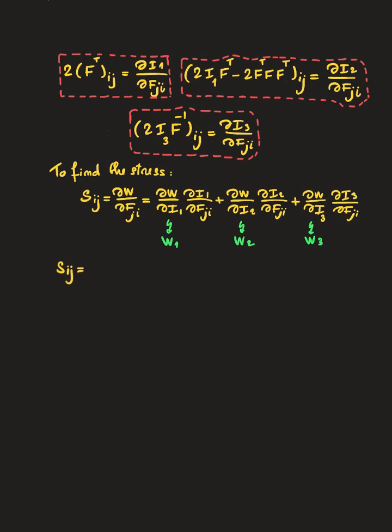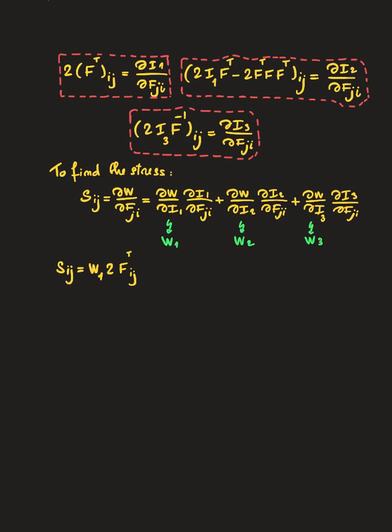Well, Sij is equal to, first of all, there is W1, and then I have to write the component that I found here. Let me do it one passage at a time. There would be 2, and then the component F transpose Ij.